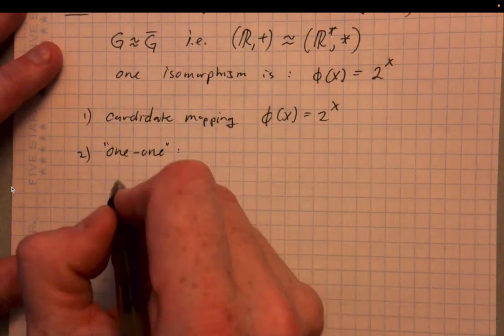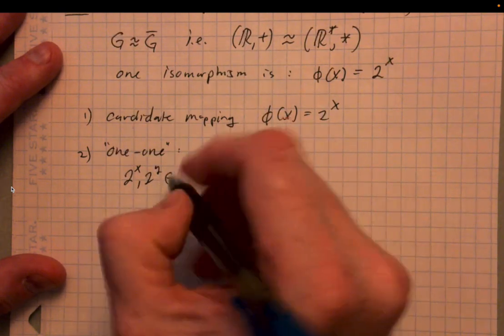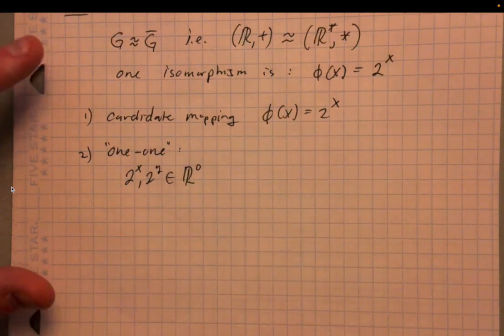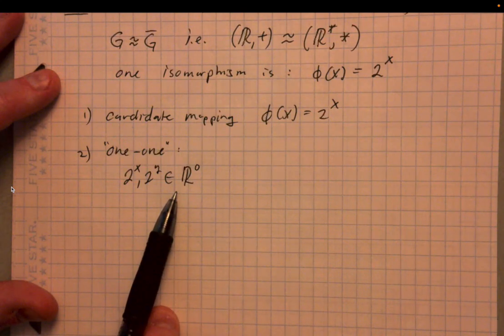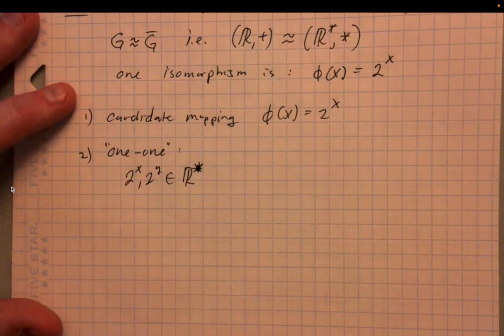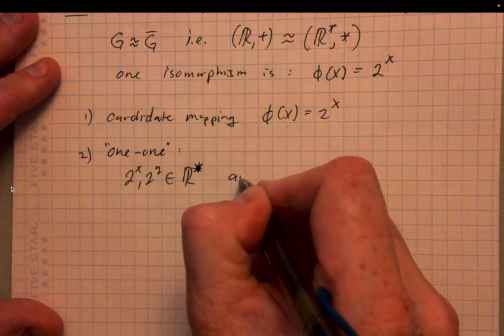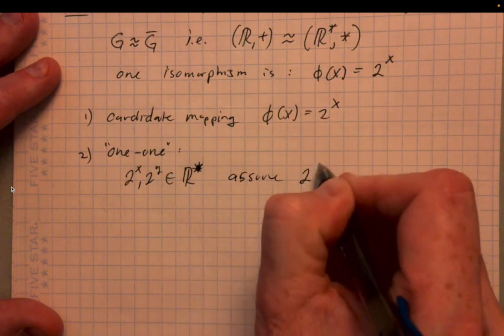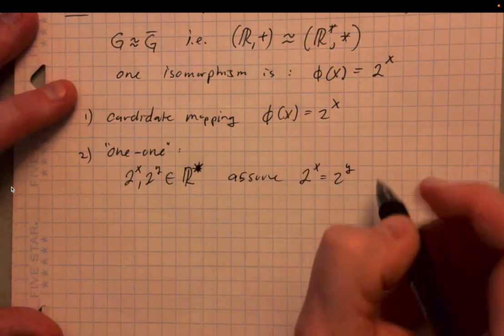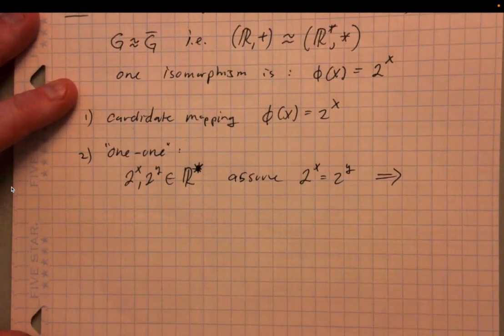So we'll take 2 to the x and 2 to the y. This is certainly in R star, right? These are non-zero. Let's assume that 2 to the x equals 2 to the y. Then we have to show that x must equal y. That's really easy to show here.